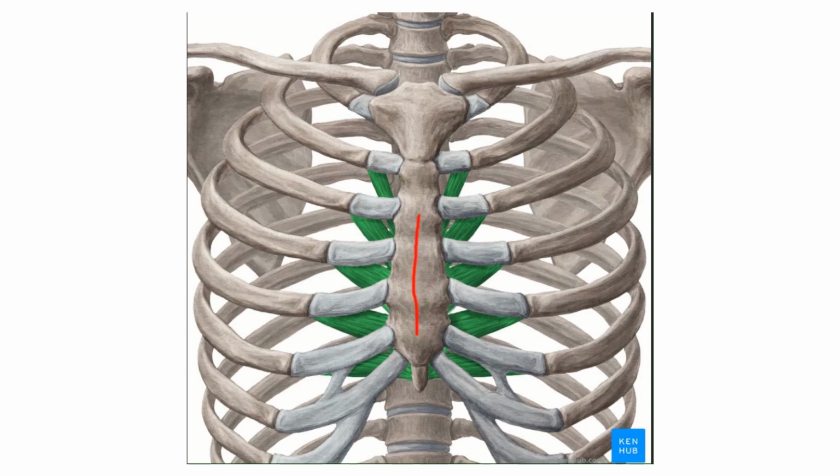So these muscles, as you can see here, colored in green, originate from the posterior surface of the sternum, and they are inserted on the internal surface of the costal cartilages from the second to the sixth costal cartilage. So they are inserted on the inner surface of the second, third, fourth, fifth, and sixth costal cartilage.